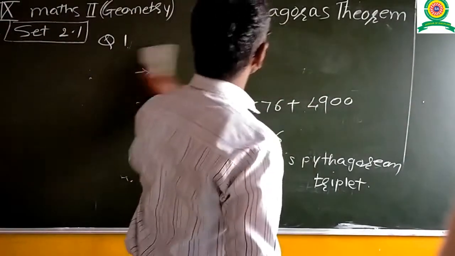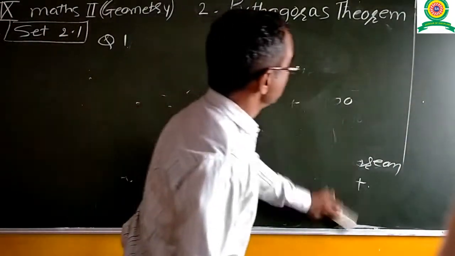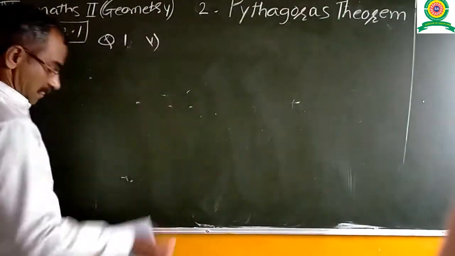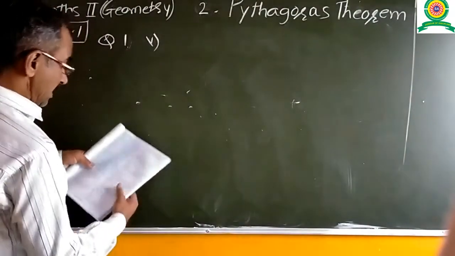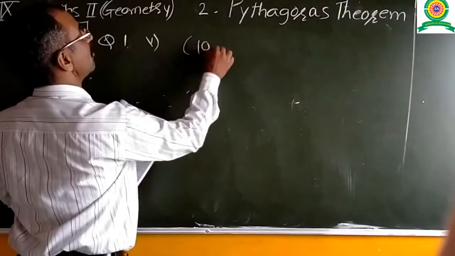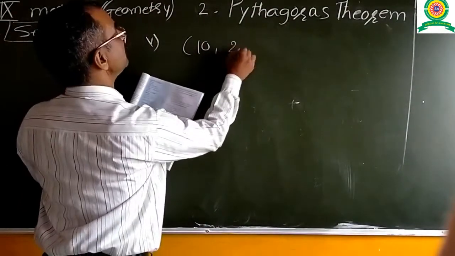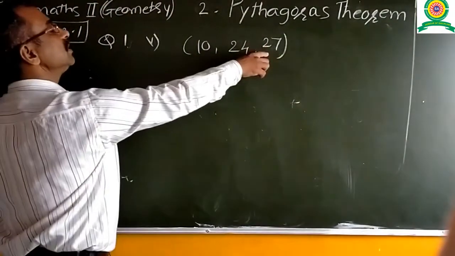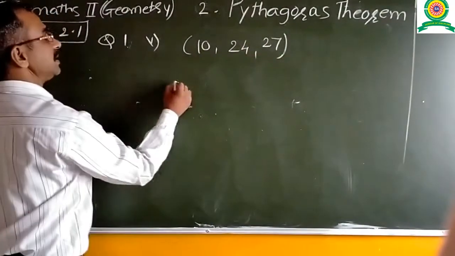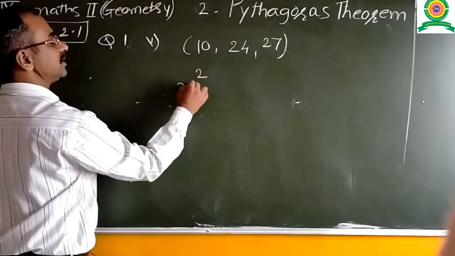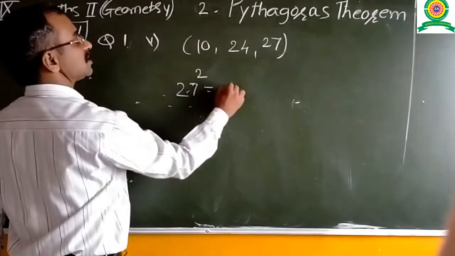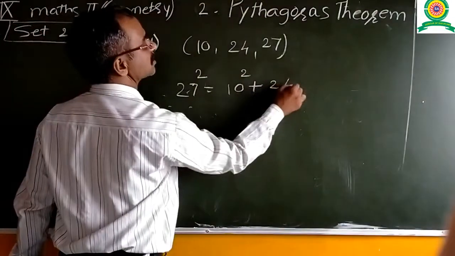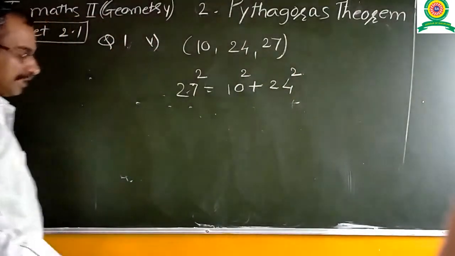Then the fifth one: 10, 24, 27. Again, which is the highest number from these three? 27. Its square, 27 square, should be the sum of the squares of the remaining two numbers, 10 square and 24 square.